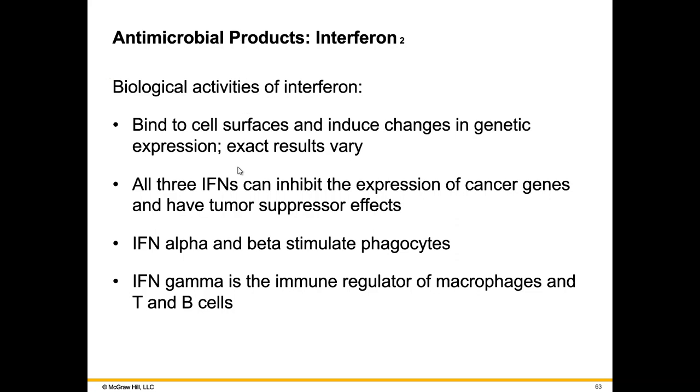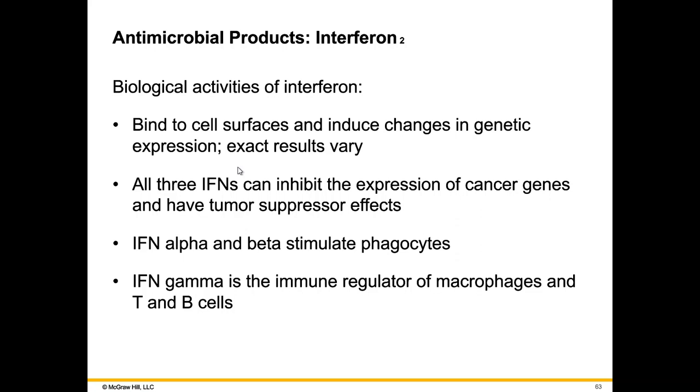But all three of the various types of interferons that we've described, alpha, beta, and gamma, can inhibit the expression of cancer genes. They can have tumor suppressor effects. They can stimulate phagocytosis. They can act as immune regulators on various cell types.